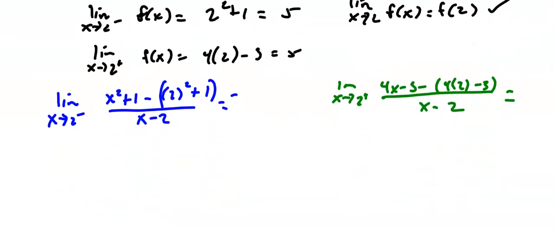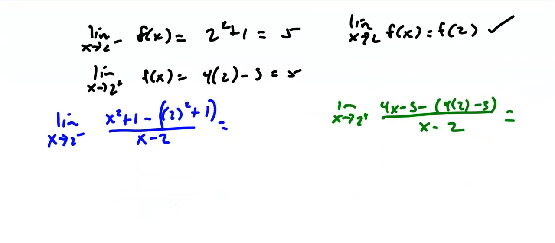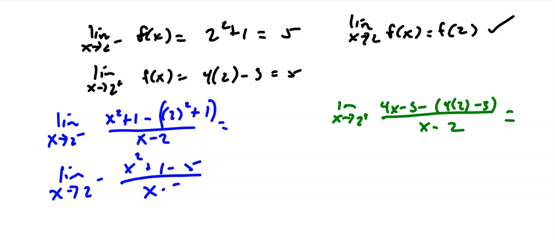I'll start with the blue first. For this one, I'm going to simplify the top. The limit as x approaches 2 from the left of x squared plus 1 minus 5, over x minus 2.